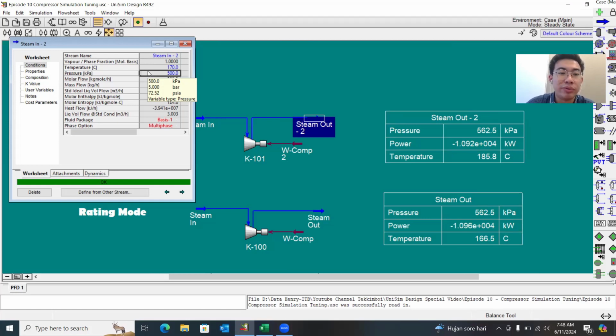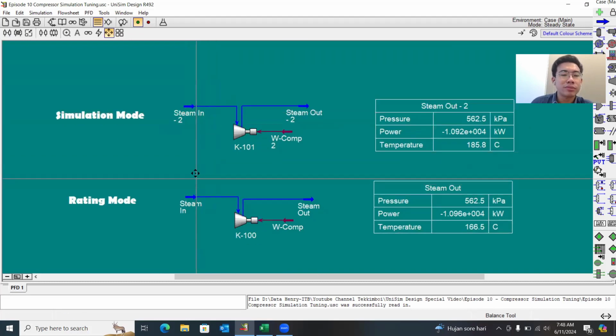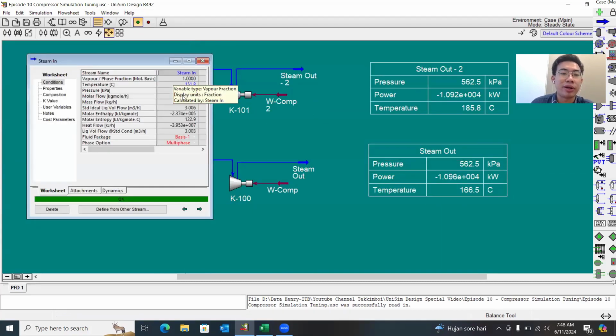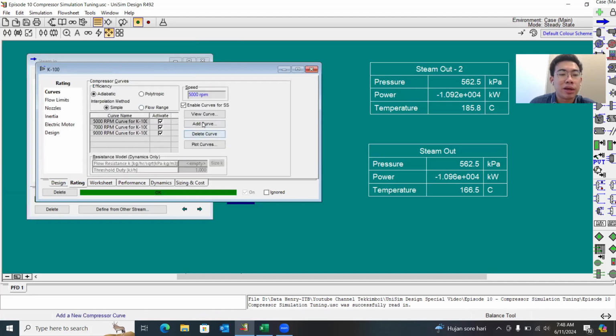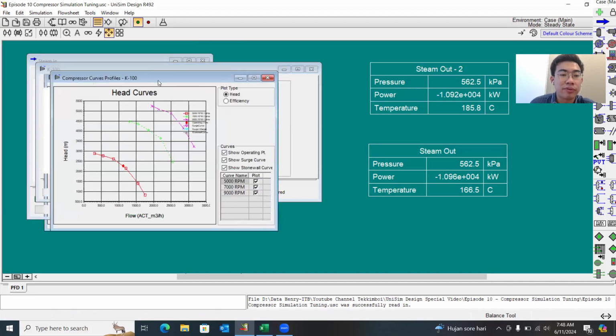So we will go to the rating mode now. The basic one I already showed you before. If I change the flow now, it will affect the power, pressure, and also temperature. We'll view the plot curve.